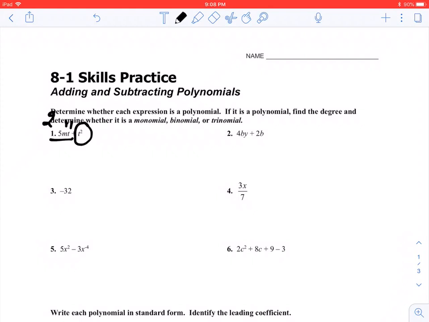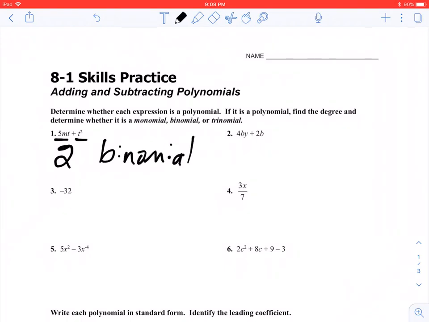So both terms individually have a degree of 2, and you always take the highest degree of the individual terms, and that's how you classify the polynomial itself. So this term's degree is 2, and this would be called a binomial because there are 2 individual terms. So again, the degree is 2, and it's a binomial.